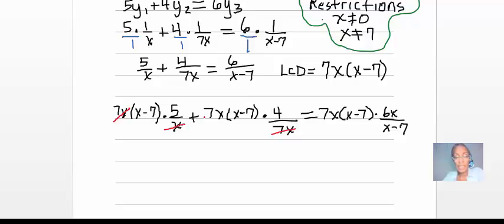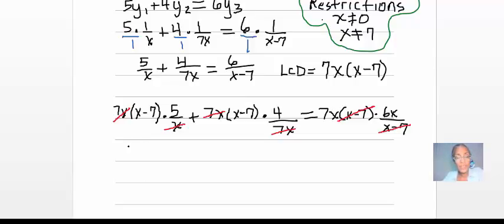This 7x in the second denominator divides evenly into this 7x in the numerator, leaving a 1, and 1 times these other factors in the numerator will give me these other factors in the numerator. So I can just leave that 1 unwritten. The only time I have to write the 1 is if it's the only remaining factor. So x minus 7 in this third denominator divides with the x minus 7 in the LCD.